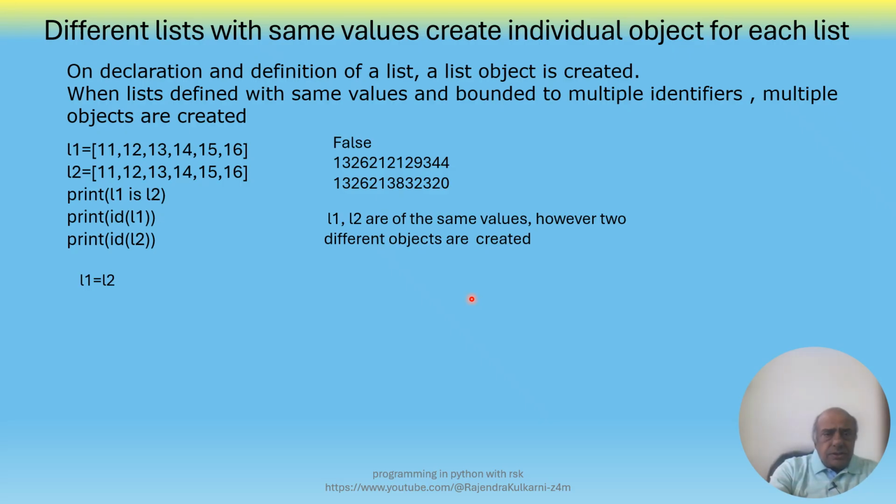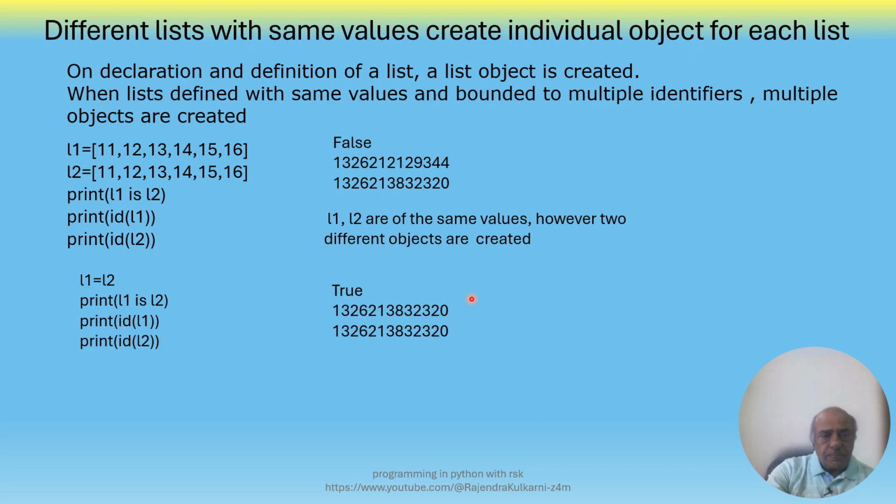But it changes a bit when we assign one list to another using the assignment symbol, L2 is equal to L1. Now L1 and L2 refer to the same object, and hence L1 is L2 gives us an output true. If we check the IDs of both L1 and L2, they are the same.